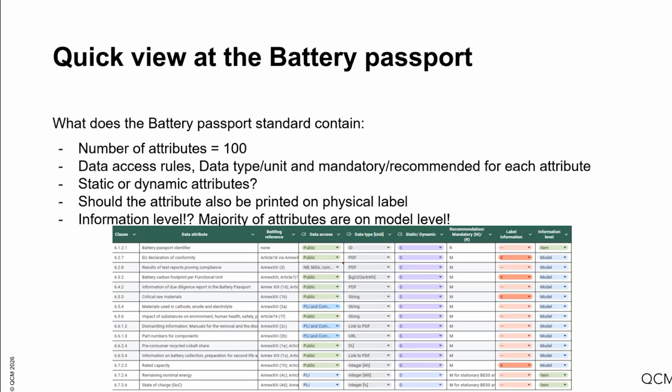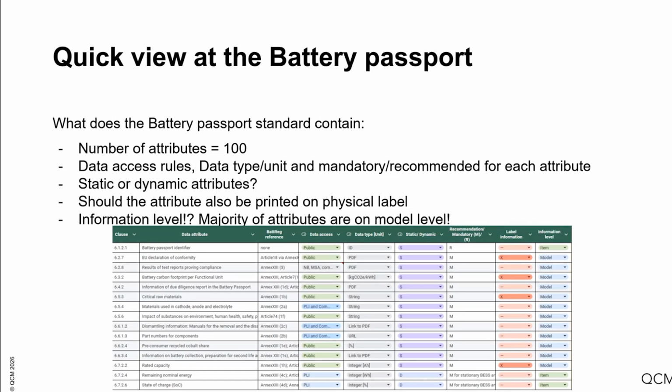So we have been digging down into the battery passport in many different contexts, but what we see a lot in the discussions and the questions we get is, well, what will there be for my products, and how much data will there be, and how can I figure this out?